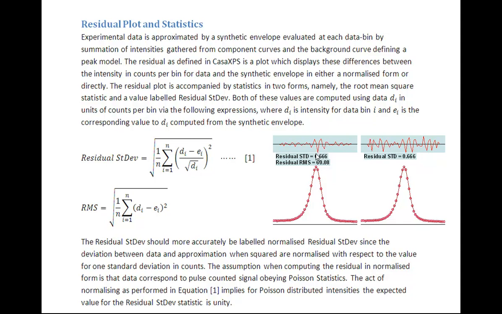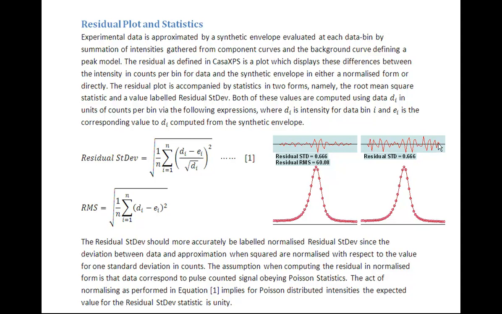And this means that when you optimize, you're going to fit with greater emphasis the peak model to the data around peak maxima. And this is in contrast to the residual standard deviation, where normalization is performed, and when the residual is normalized to reflect what happens when you have a residual standard deviation or a chi-square figure of merit, then the residual has this uniform appearance when you have a good fit.